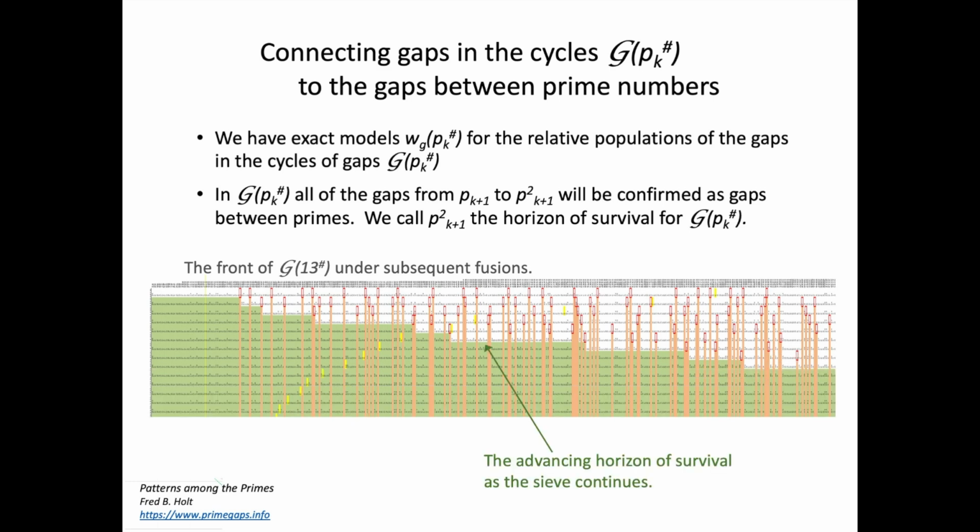Although for 13, the horizon of survival is all the way out to 17 squared, everything up to 13 squared was already confirmed that no more fusions would happen behind that mark.